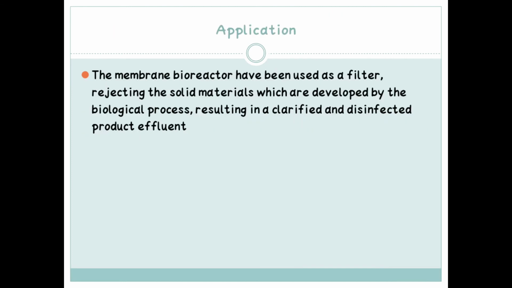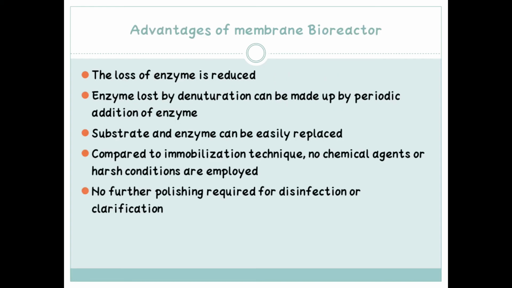Applications of membrane bioreactor: membrane bioreactors have been used as a filter, rejecting the solid materials which are developed by biological processes, resulting in a clarified and disinfected product effluent. Advantages of membrane bioreactor: the loss of enzyme is reduced.